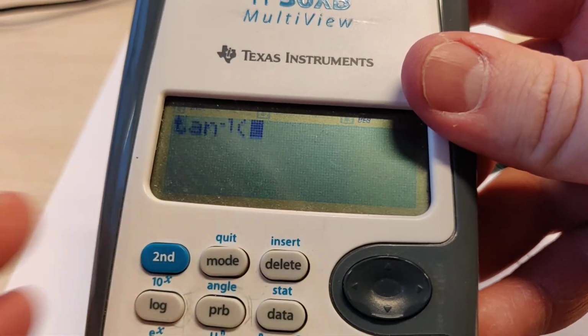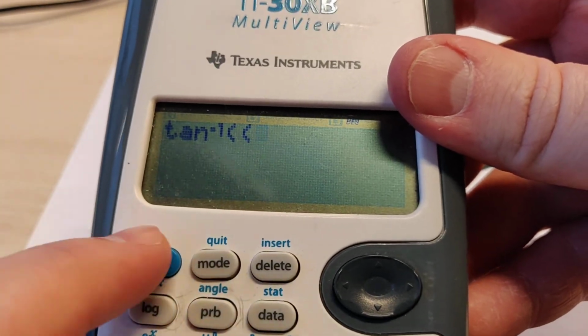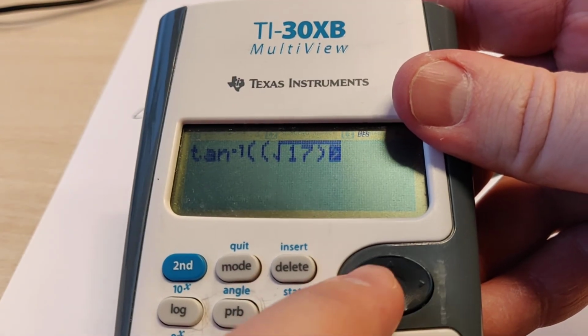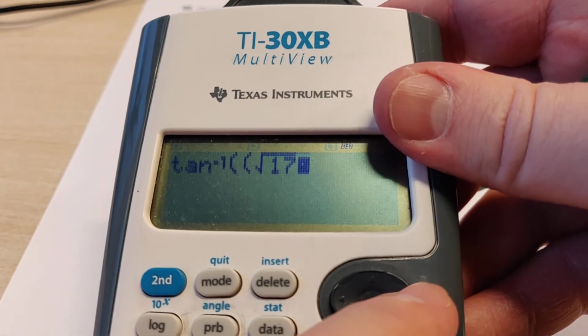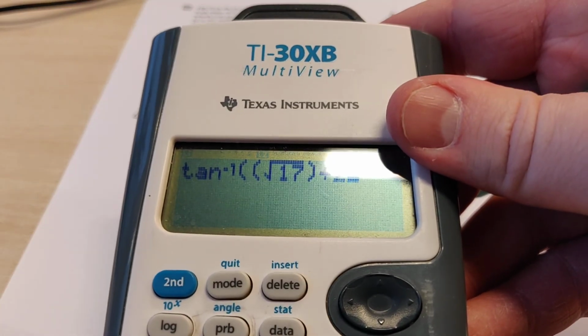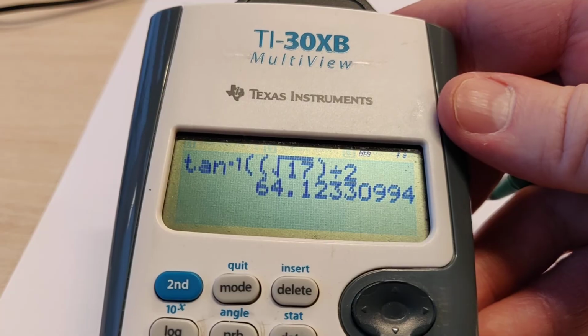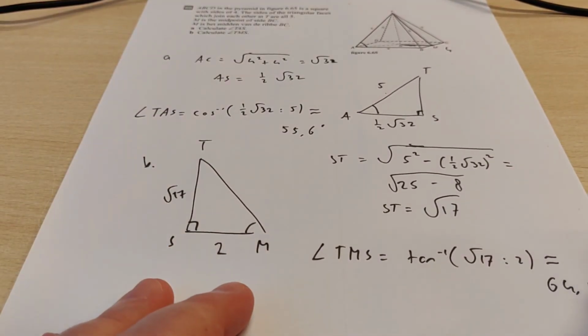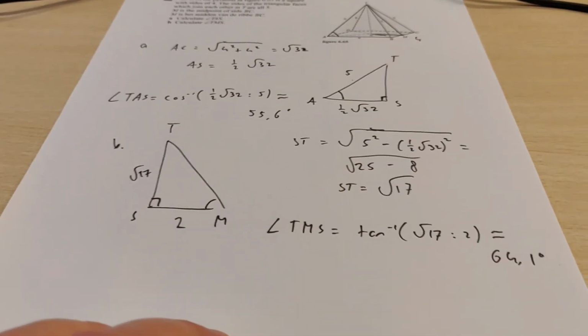So the tangent minus 1 of the square root of 17, I'll put it in brackets just to be sure, but I didn't actually have to. And then divided by 2. And then it says 64.1 degrees. Alright, so 64.1 degrees. Yes, that's the answer.